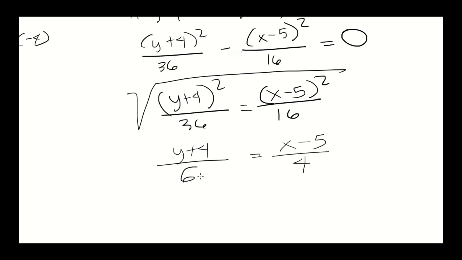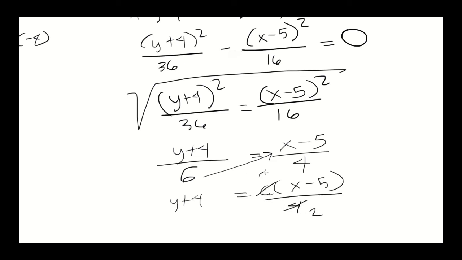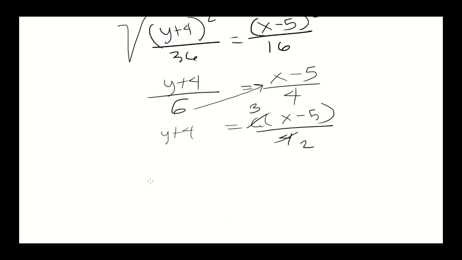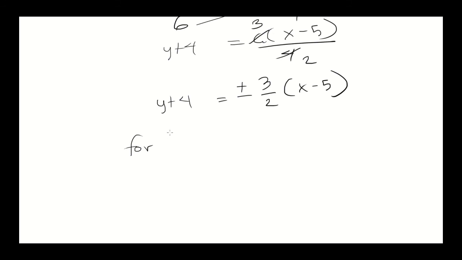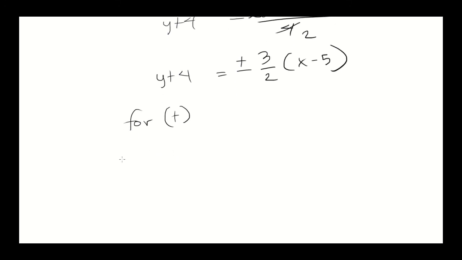Then we cross multiply the 6, so y plus 4 equals 6 times x minus 5 over 4, so this one is 2 and this one is 3. Then we have y plus 4 equals positive or negative 3 over 2 times x minus 5. Now we solve for positive.